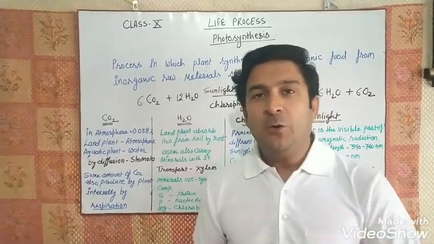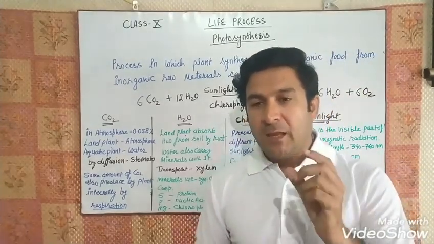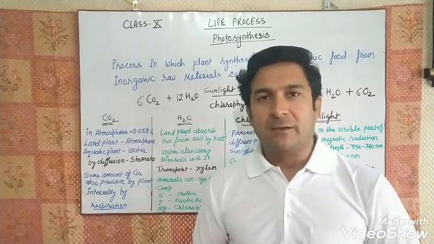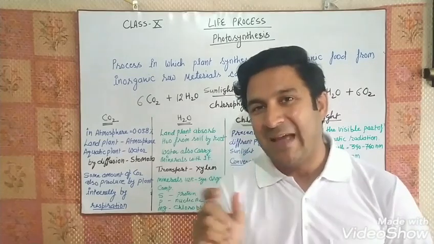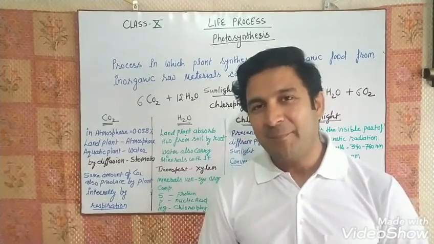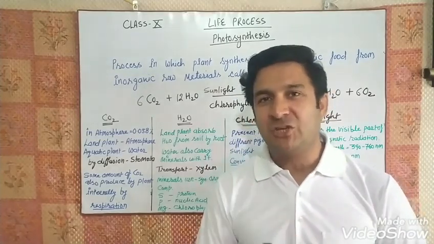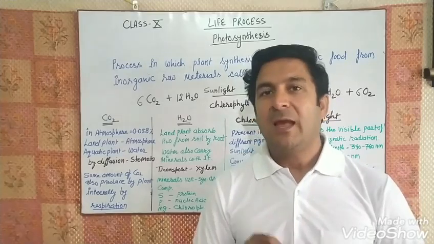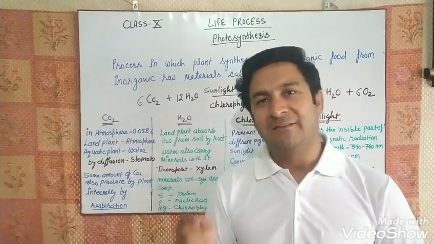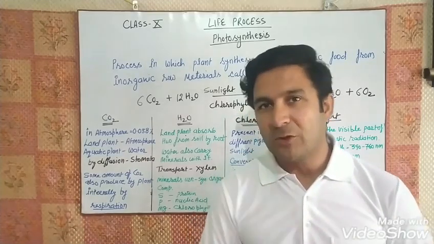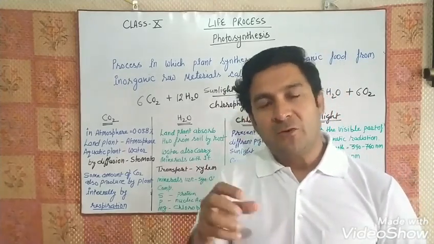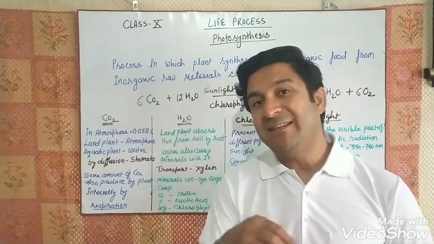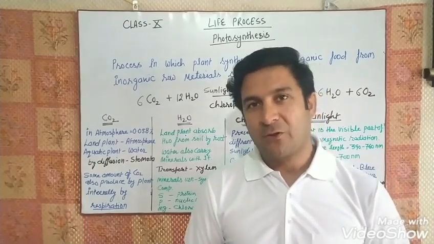Now it is very important to understand the condition of the water there. The water is present inside the soil in the form of water sap. Now what is this water sap? Water sap is the mixture of water and minerals and ions. That is called the water sap. Now when the plant absorbs the water, with the water the plant absorbs these minerals and ions too, right?